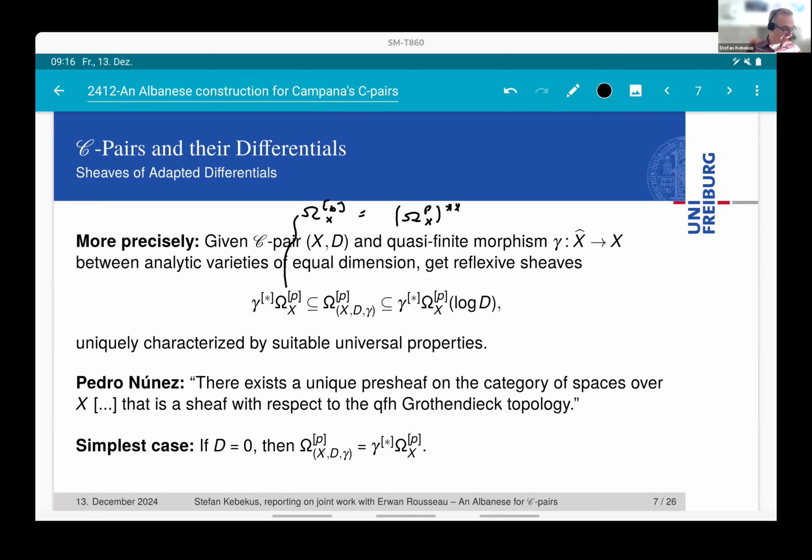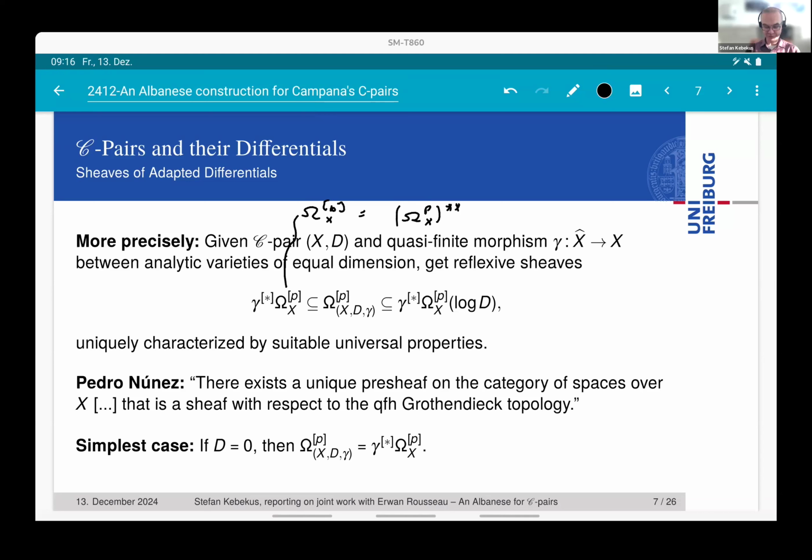Right. There are a few simple cases. The simple case is D equals 0. We have no boundary. Then our hypothetical sheaf is the sheaf of reflexive differentials without any poles. So it's just the sheaf of reflexive differentials.